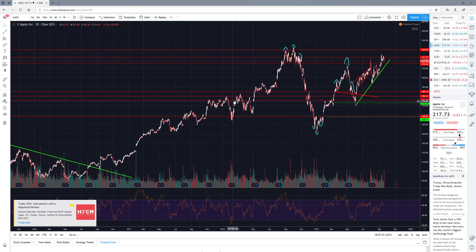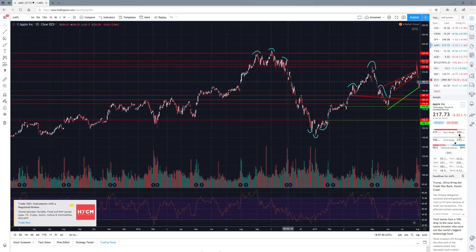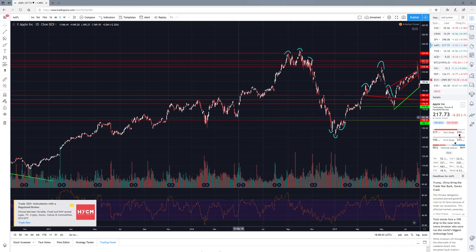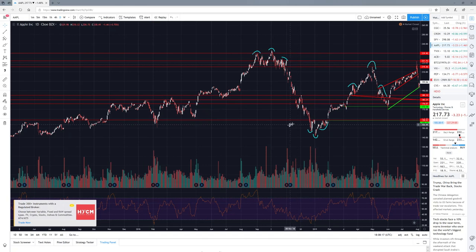So it went on and on, consolidated for the moves higher. Then this was where it was really getting extreme, from 160 to 190, consolidated from May to November, so from 160 to 230 in less than a year.